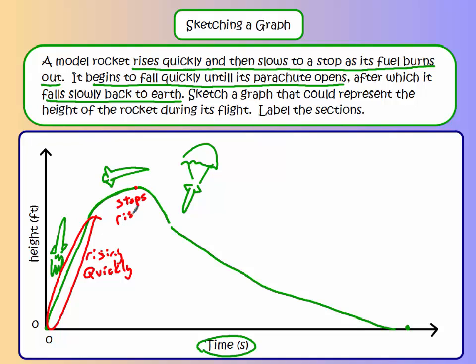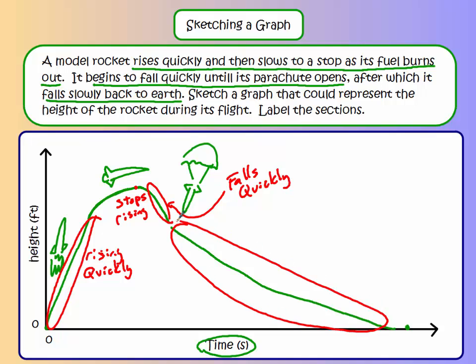Stops rising. Probably about the time that it ran out of fuel. This little section here is where it falls quickly. And this last whole piece here is when the parachute opens, so it descends slowly.